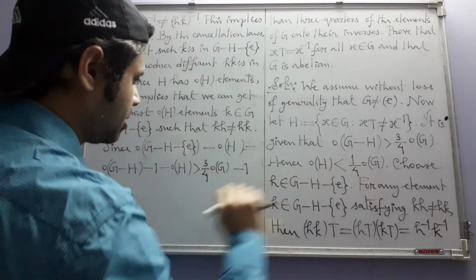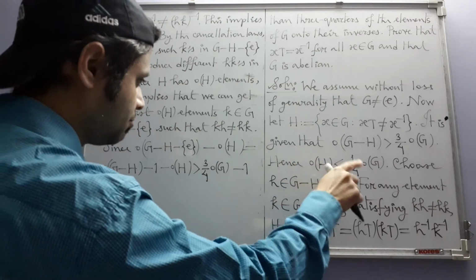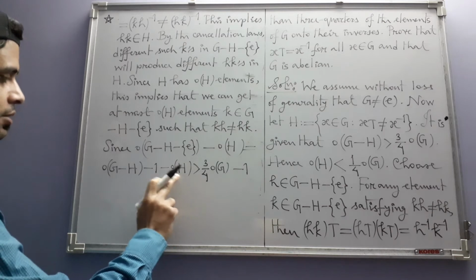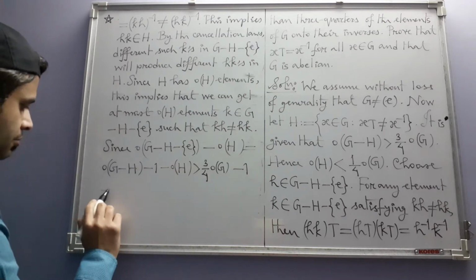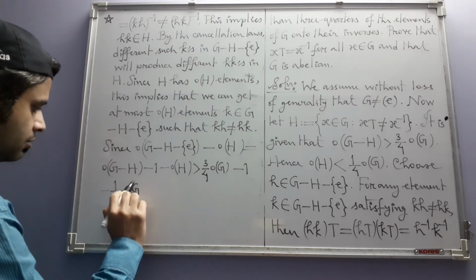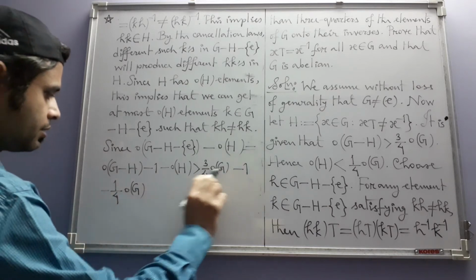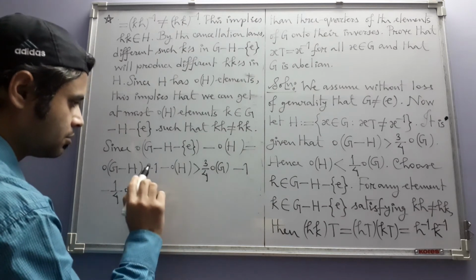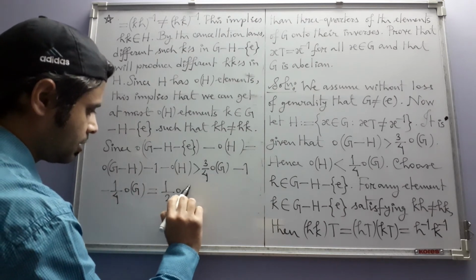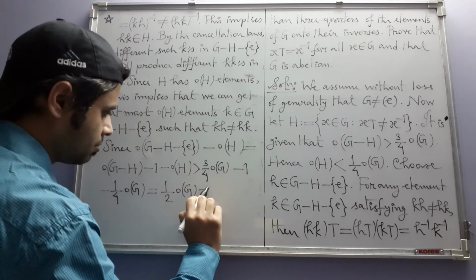This is less than minus 1 by 1/4 of the order of G. So minus of this will be greater than minus 1/4 of the order of G, and this expression now becomes 2 divided by 4, that is 1/2 of the order of G minus 1.